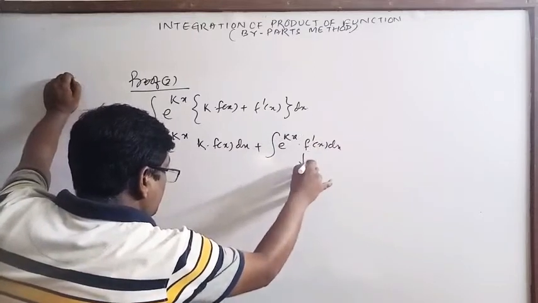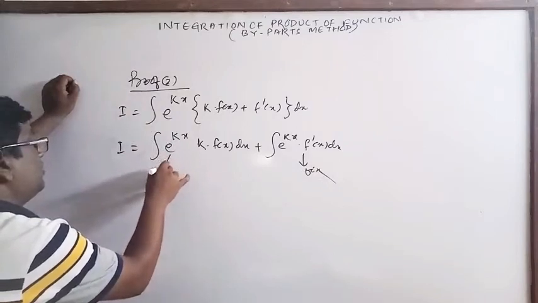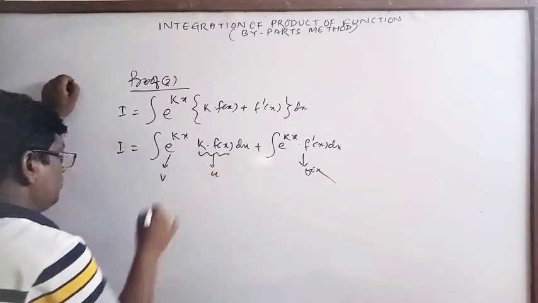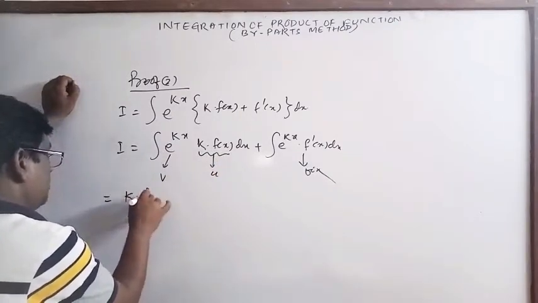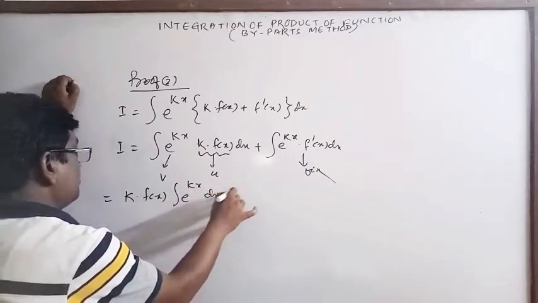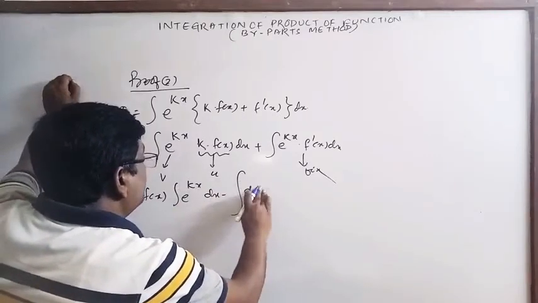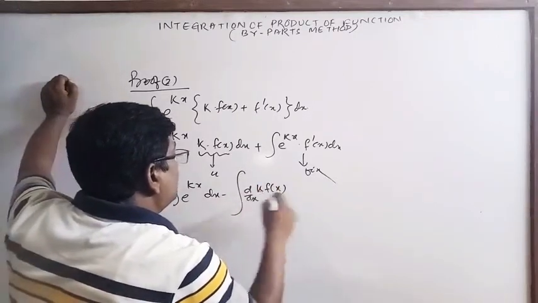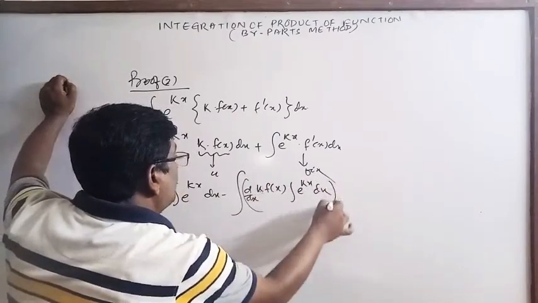So this part stays fixed, the derivative part stays fixed; this will be by parts, this one we take as v and this part we take as u. So k into f of x, integration of e to the kx dx, whole d by dx of k into f of x, and this is the integration of e to the kx dx, whole dx.